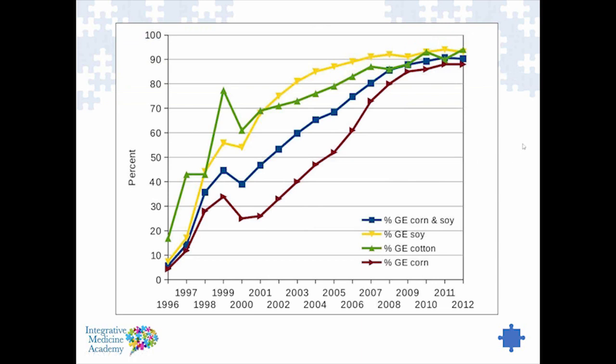And the use of glyphosate here in the United States has gone up significantly since the mid-90s. This particular slide ends at 2012, but you can look at the different crops from corn to soy and their exposure rates to glyphosate.